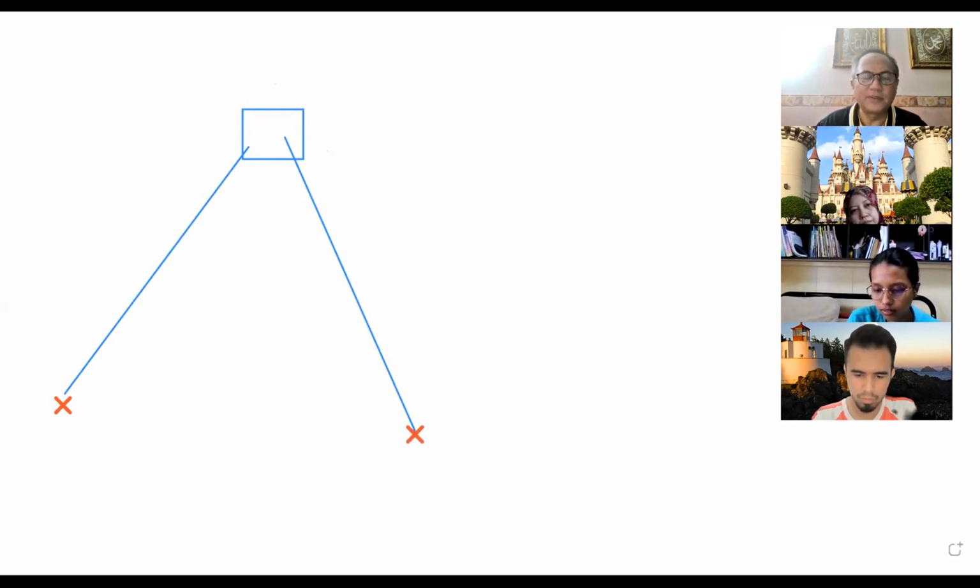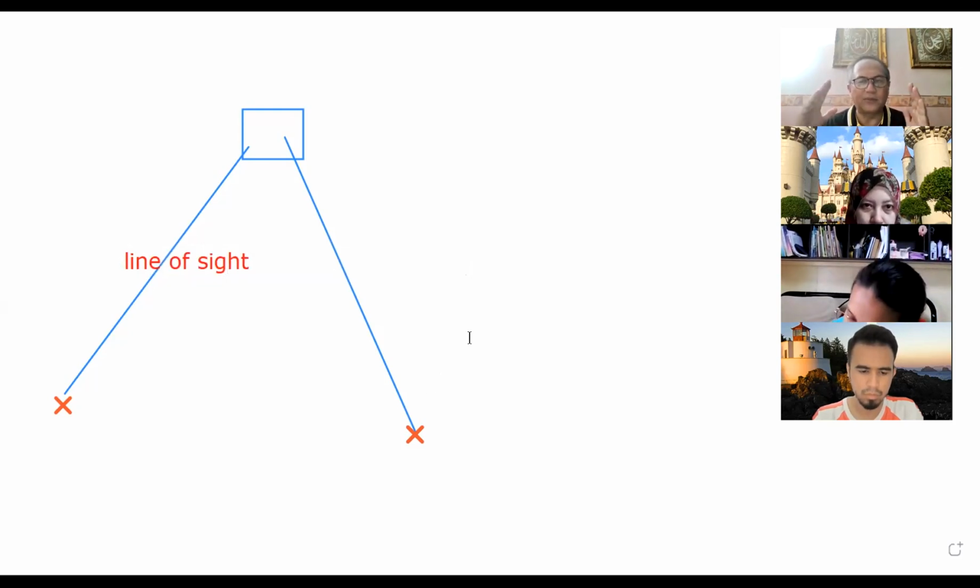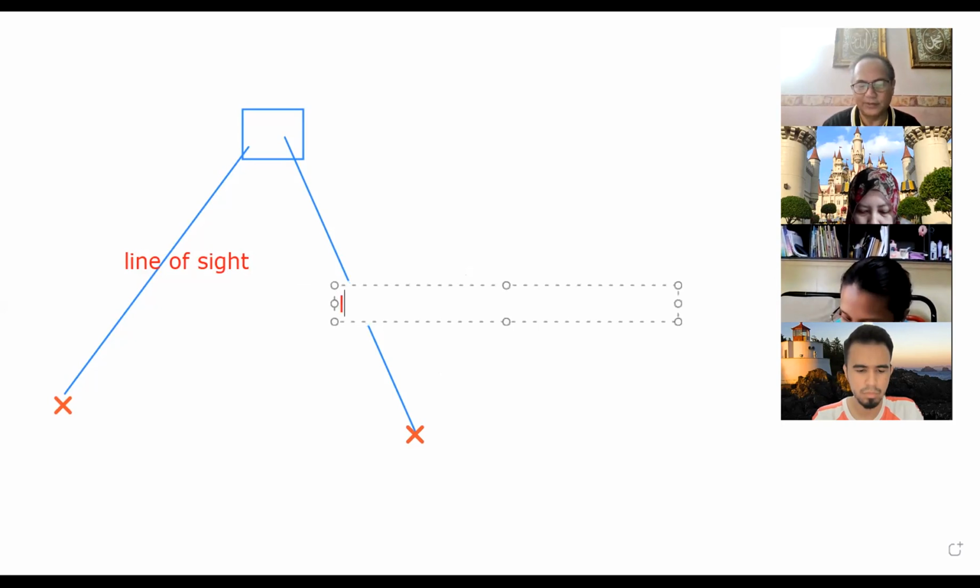This is by reflection, and they use a radio wave, and they require what they call a line of sight. That's why when there is cloud or disturbance, the satellite cannot see you, or you cannot see the satellite. It requires line of sight.